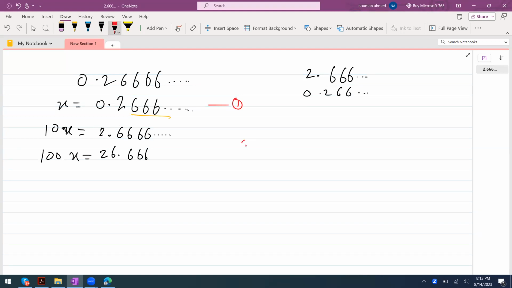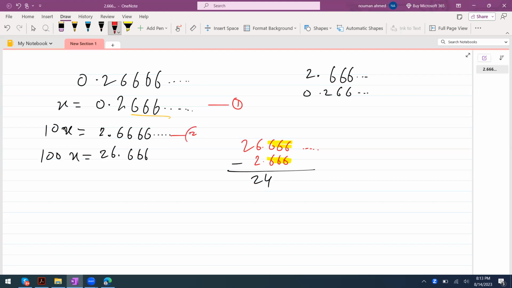If I subtract 2.666 from 26.666 and so on, you can see that after the decimal place everything is exact. All the repeating part is gone, only we have 24. So how can we remove the repeating part?